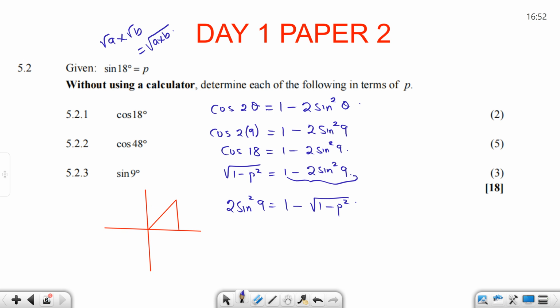Divide both sides by 2. Don't be scared of your answer, but it's a sine squared. So square root of both sides, I need a big square root here. Case closed, we're done: sine 9 degrees.